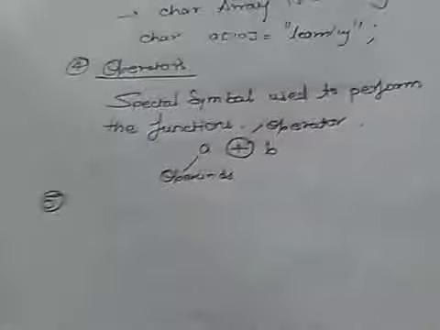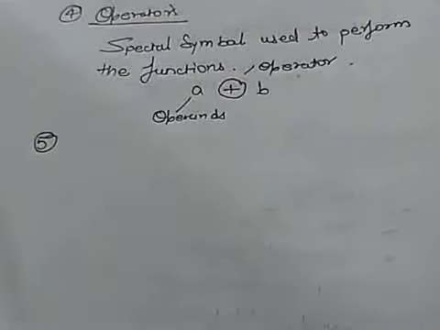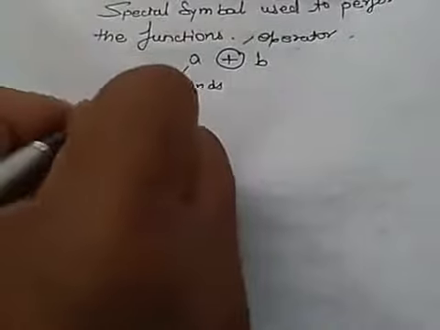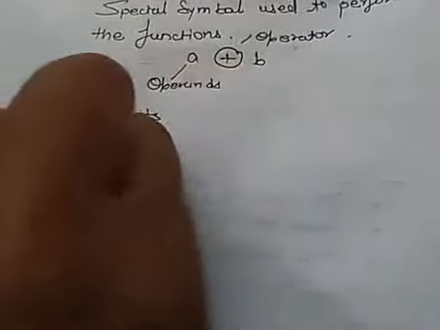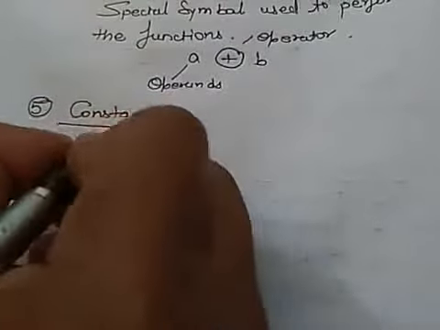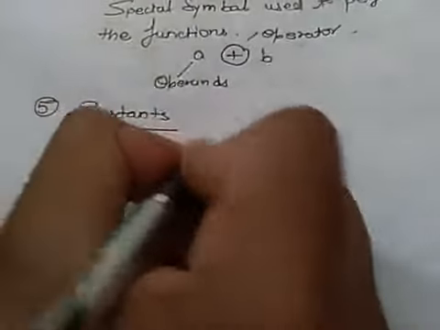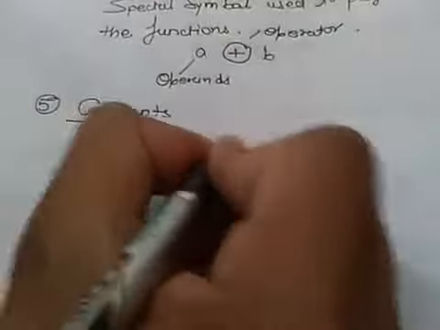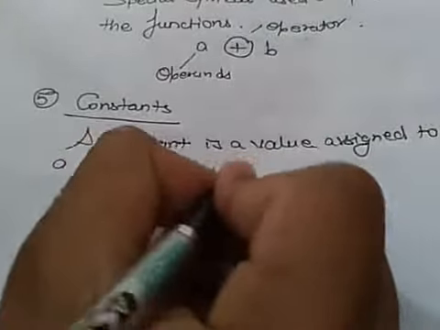Now, the next one is constants. A constant is a value assigned to a variable which will remain the same throughout the program.